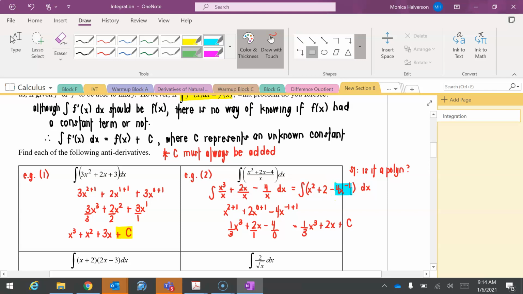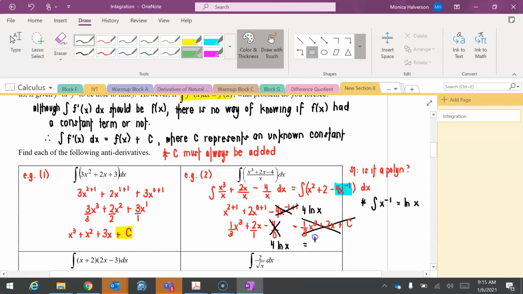And so what's important to know is that if you are ever asked to take the antiderivative of x to the negative 1, that equals the natural log of x. So this is actually not true. What this actually becomes is 4 ln x.